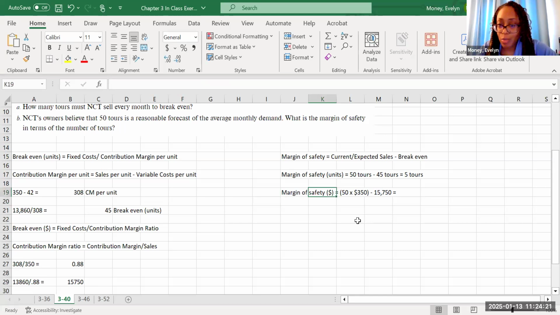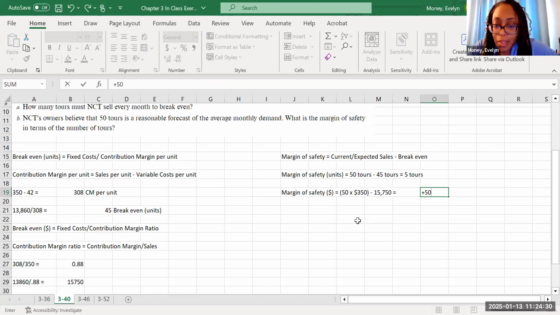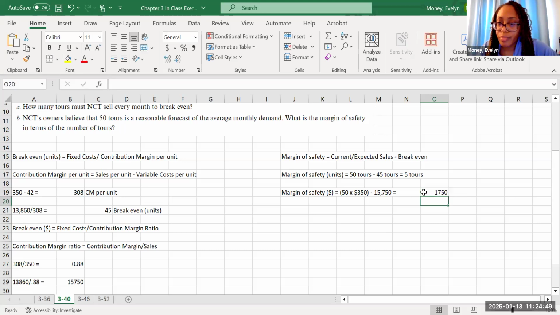Oh, I forgot my parentheses. Let me add my parentheses in. And all of that gets subtracted from our break-even dollar sales, which we found down here to be 15,750. So 1,750 is my margin of safety.